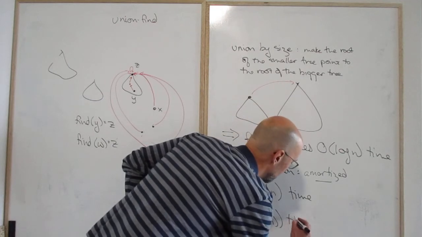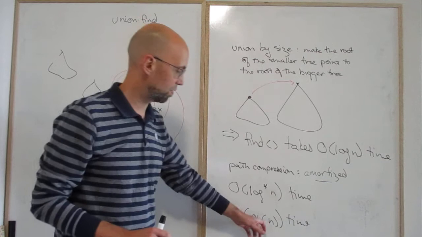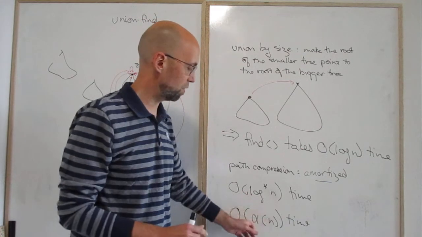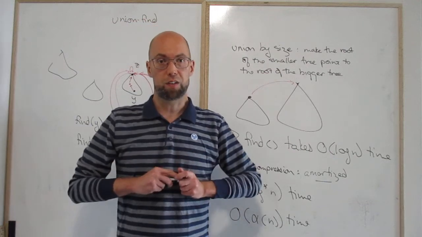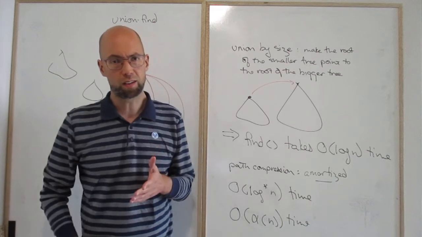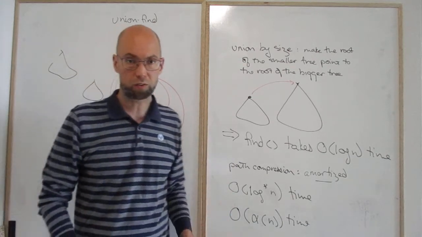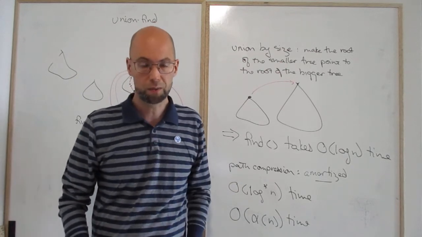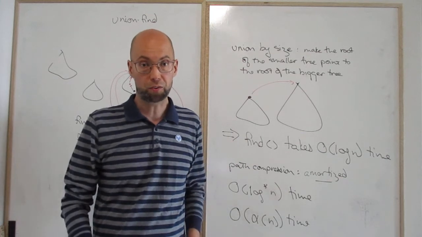So for M operations, you get inverse Ackermann of M, n. So it's very, very close to constant. But proving that is not easy. It's not in the book. In the book, I think they just prove log star. I'm not going to prove it in the course notes. Okay, so that's how you implement Kruskal's.